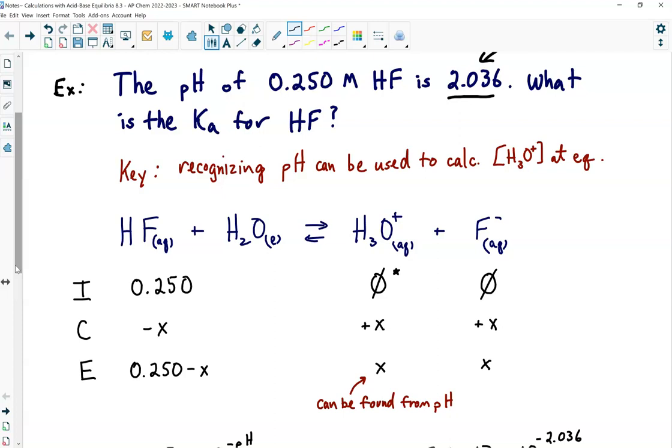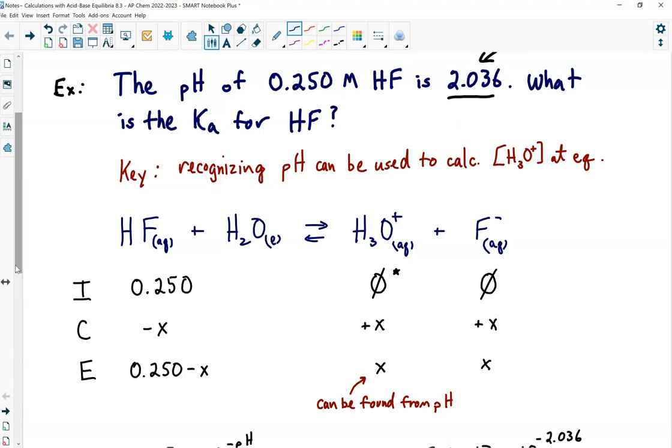Well, since there's no product, you don't have to worry about Q versus K. You know it's going to go toward the product side. So the reactant side is going to go down by X, and these are going to go up by X because it's a 1-to-1 mole ratio.